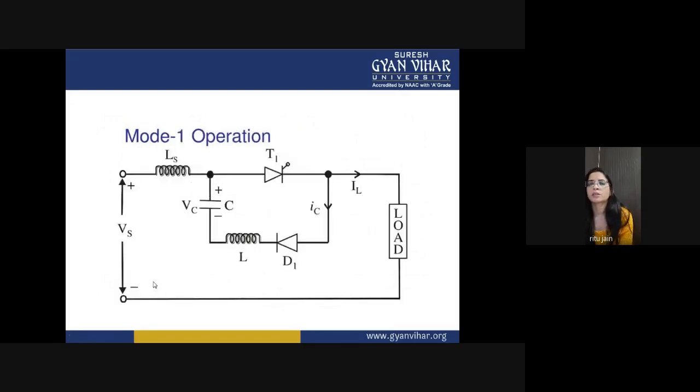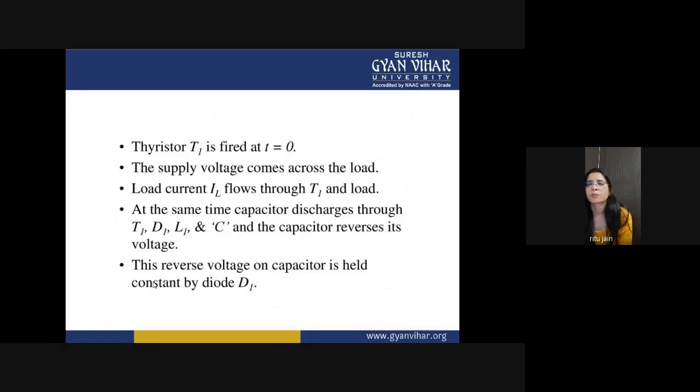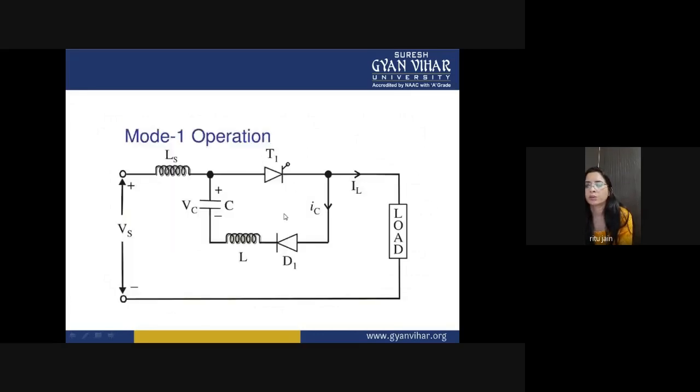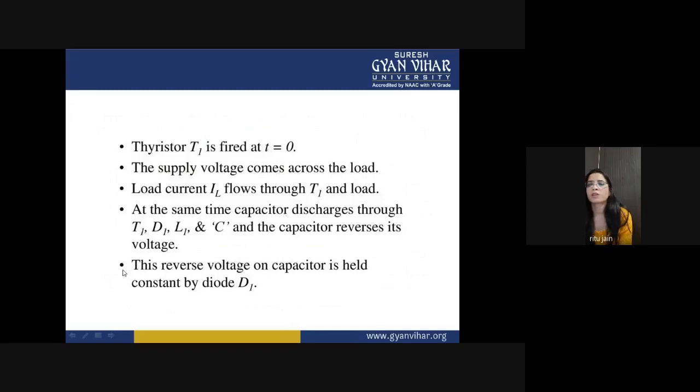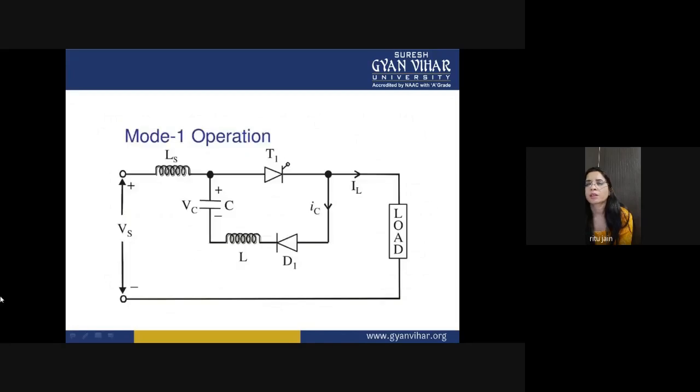So let's discuss in detail what your mode 1 operation is. In mode 1 operation, thyristor T1 is fired at t equal to 0. You can see over here that the supply voltage comes across the load, and the load current IL flows through T1 and load. At the same time, capacitor discharges, because you can see that the voltage across the capacitor is your VC.